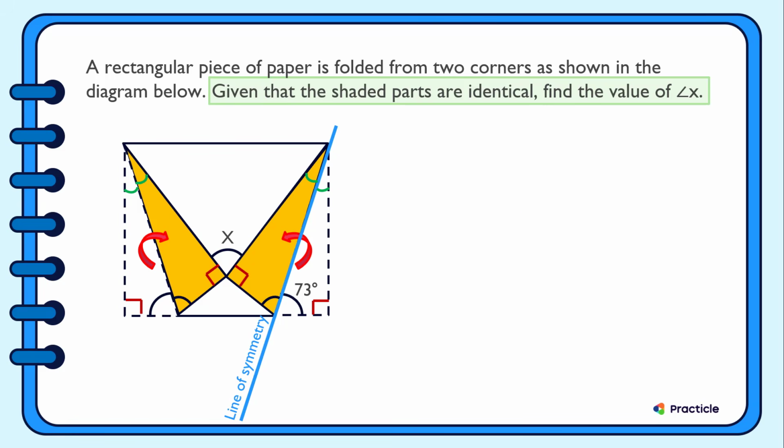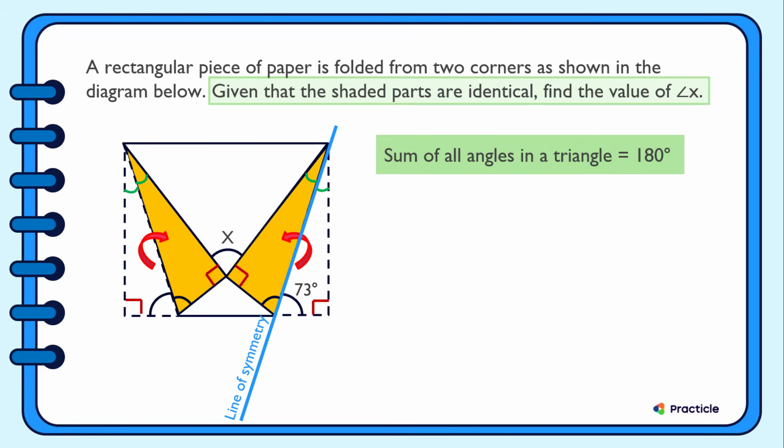How can we make use of what we know to find the value of angle x? Well, let's start with this triangle first, okay? We know that the sum of all angles of a triangle add up to 180 degrees.